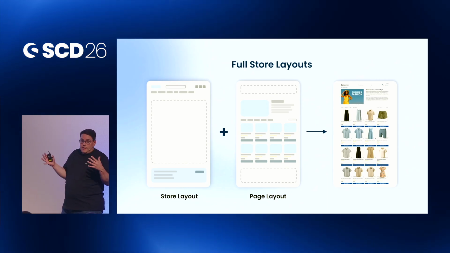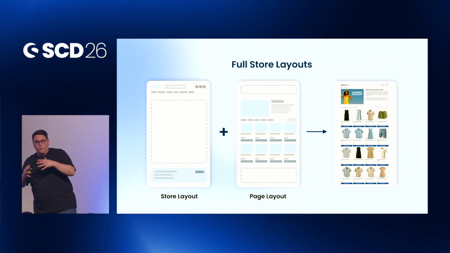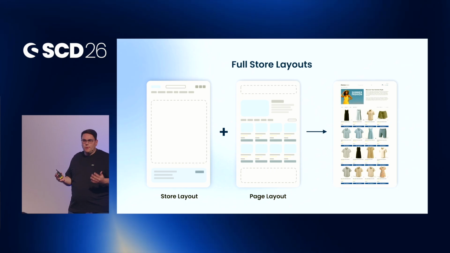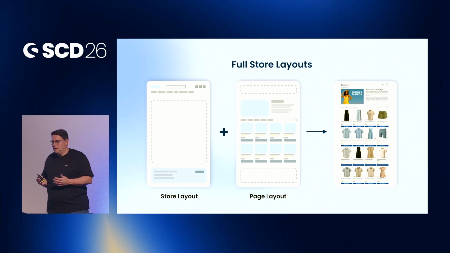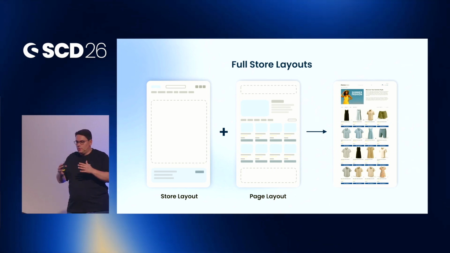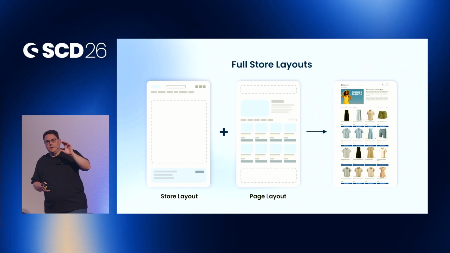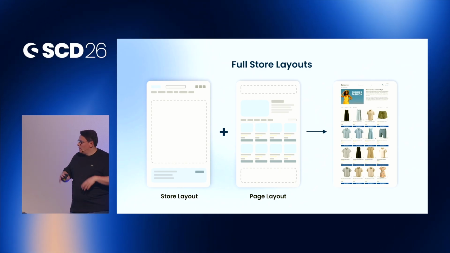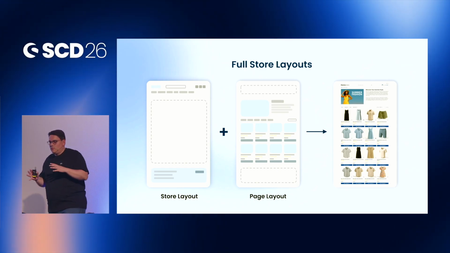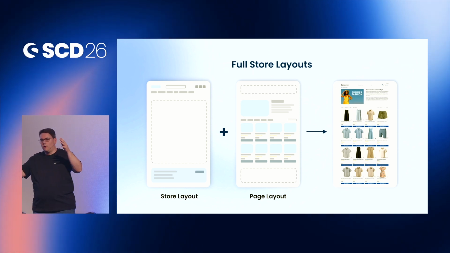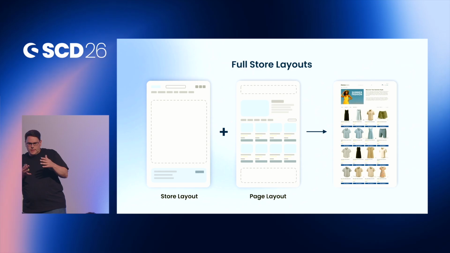Then we want to extend the capabilities of what is actually rendered, because in our idea, the whole store layout will be served via this content API. So you will not only be able to create the inner page template as it is today, but the whole store, for example also defining the header and the footer. The idea is to have general store layouts that you can assign on a broader level, for example based on sales channels.